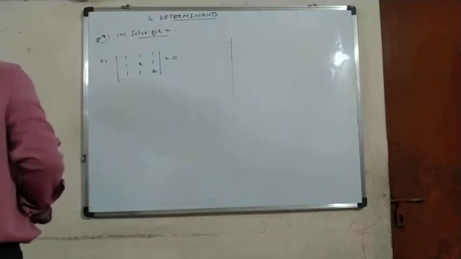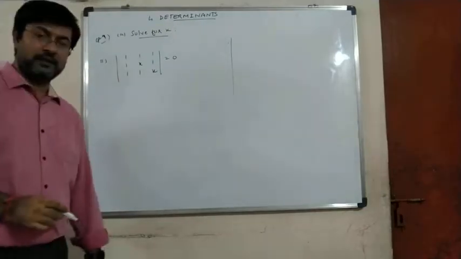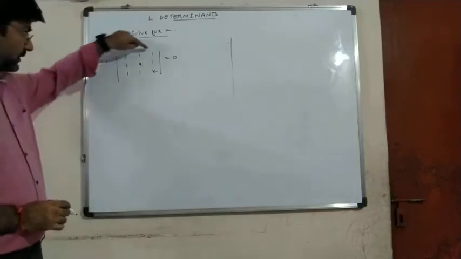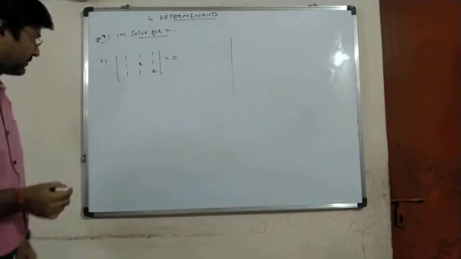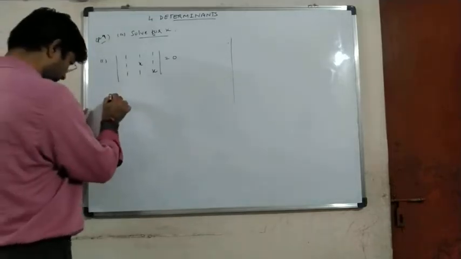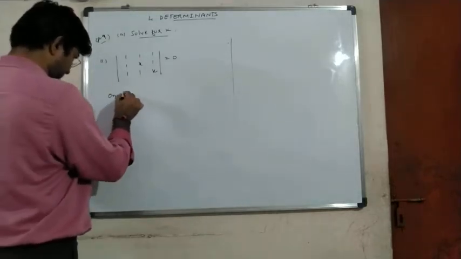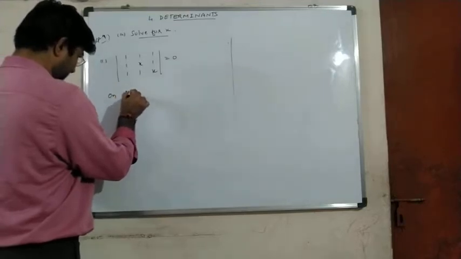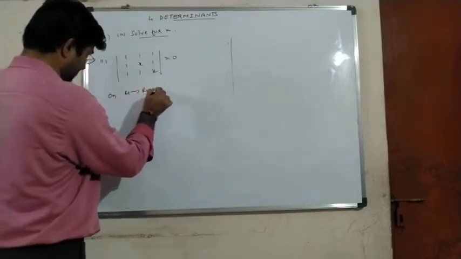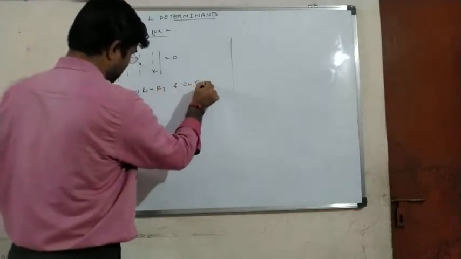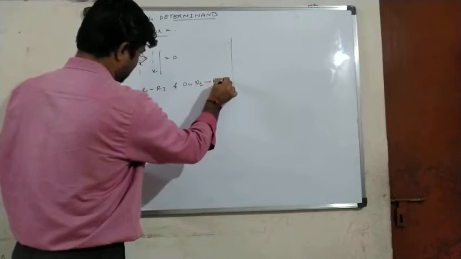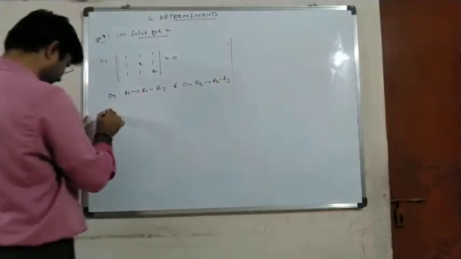Now it is very clear that the first row contains 3 ones, so you can get 2 zeros over here. So on R1 minus R3 and on R2 minus R3 we will carry on.